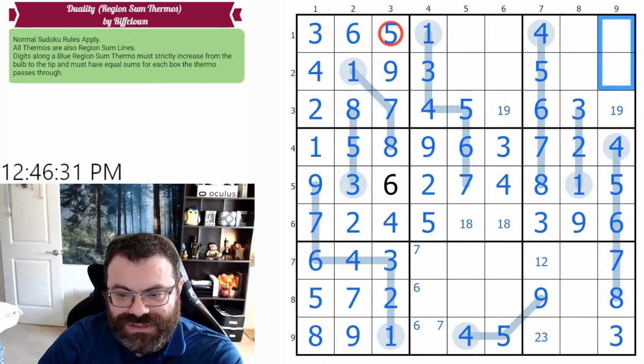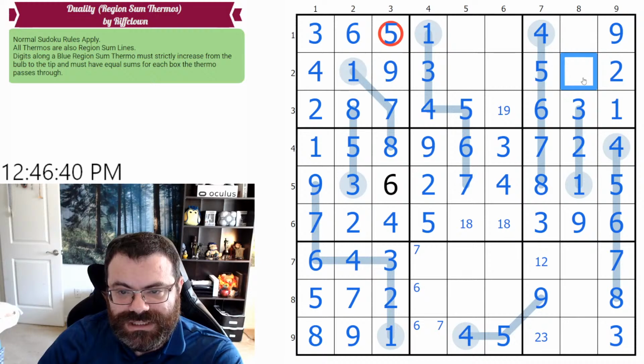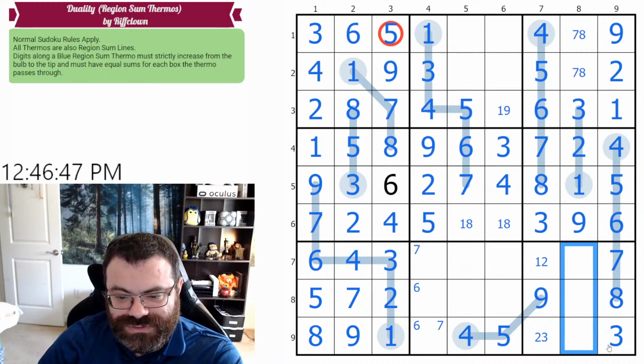This is a triple. We have 1, 2, and 9 left. That's not a 9. None of these are 1s. That's a 1, 2, and 9. 7 and 8 are left. Don't think that's resolved. Here we have a triple. Oh, no, this is 2 and 1.